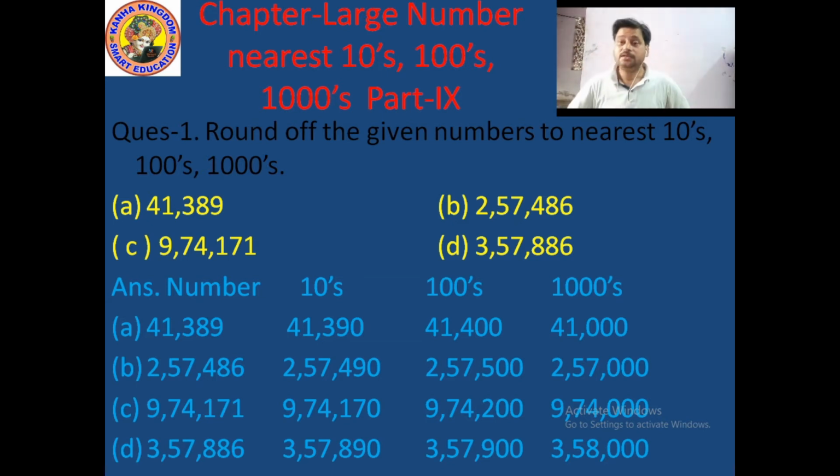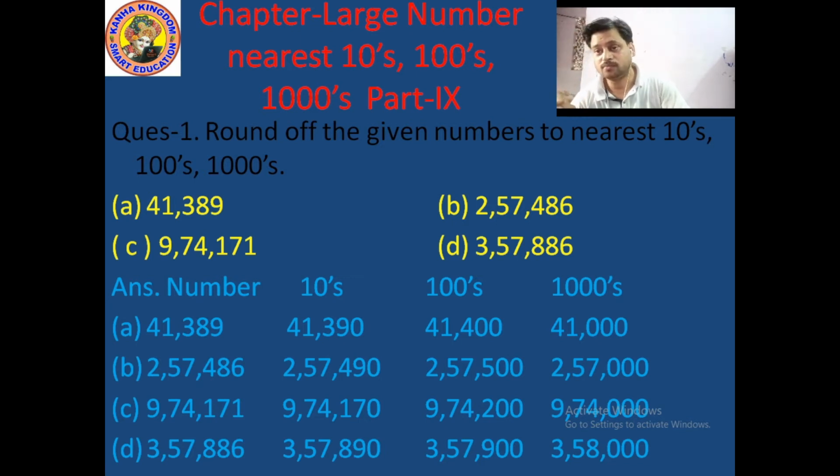Clear? Now nearest 1000, same number but converted to the nearest 1000. So in nearest 1000, you check the 100 place and 1000 place. Which digit is in the 100 place? 4 in the 100 place.